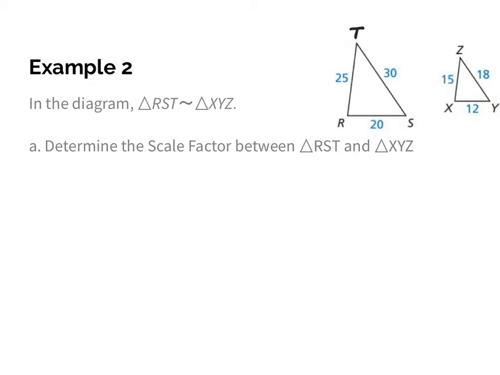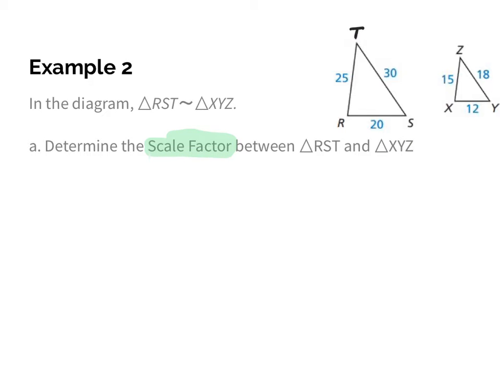So when I wrote those corresponding angles and sides, again, the angles are always going to be equal, but as we saw, the corresponding sides are not equal to each other. That is obvious here, that triangle RST is larger than triangle XYZ. So in terms of the sides, since one of the triangles is larger than the other, that means there is a scale factor between them.